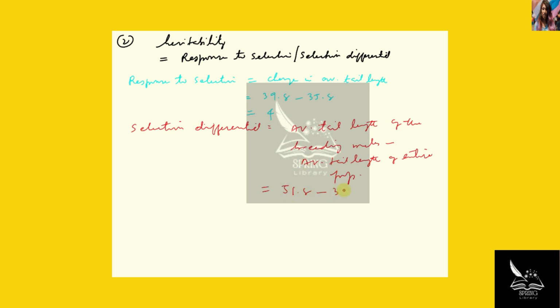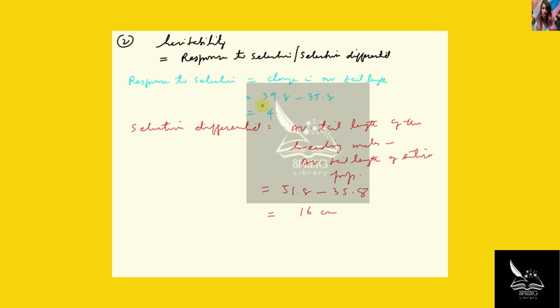So it is 51.8 minus 35.8, because the average tail length of the breeding males is 51.8 and the average tail length of the entire population is 35.8, which is equal to 16 centimeters.